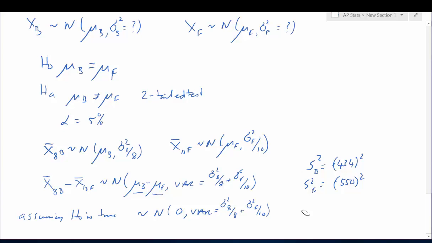So because we're using the sample data rather than known population data, we need to use a t-test. Generally, that is with n-1 degrees of freedom. Obviously, the 8 Bayreuth sample means we have 7 degrees of freedom, and the 10 Fish Friends sample means we have 9 degrees of freedom. So altogether, we have 7 plus 9, which is 16 degrees of freedom. So now we can carry out the test.